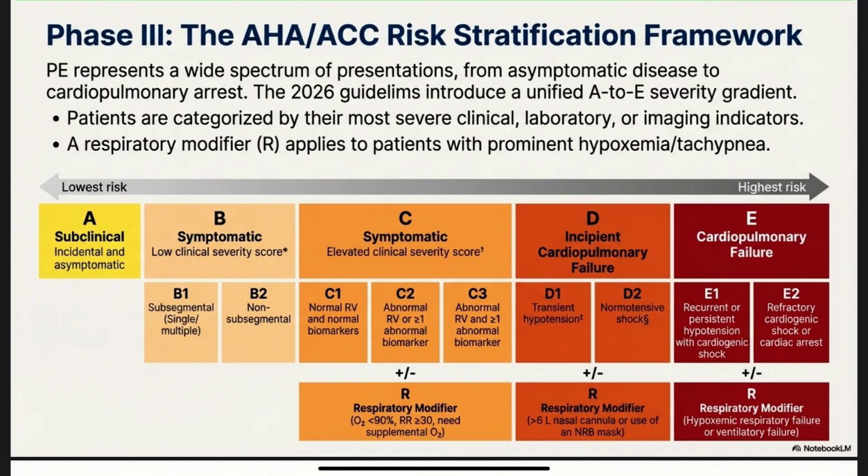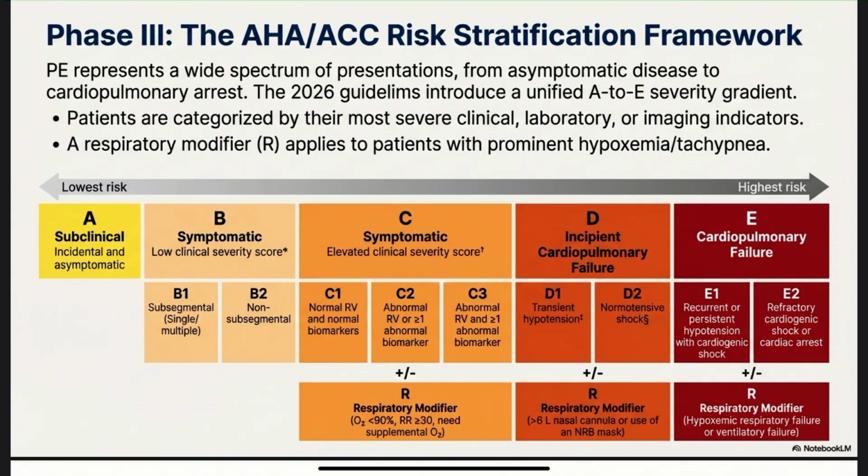Respiratory modifiers can be considered or not, that is up to you. Respiratory modifiers start with C, like saturation less than 90 with respiratory rate more than 30 with need of oxygen. D is where we are going towards cardiopulmonary failure. D is almost going towards death but not death.